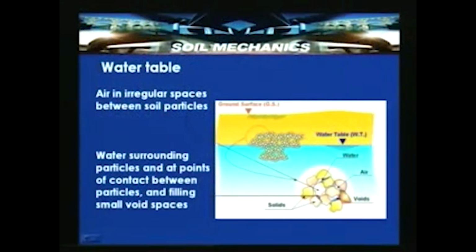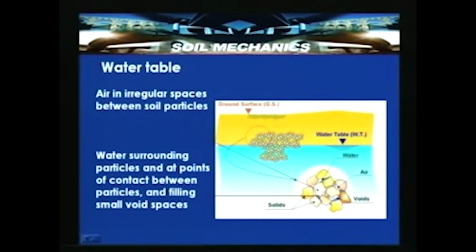This slide we have seen earlier also. A cross section of the ground is shown here, where the ground surface is shown, and this is the groundwater table. In the zone above the groundwater table, depending upon the climatic conditions, grain size and distance from the groundwater table, it is possible that the soil can remain saturated or partially saturated.